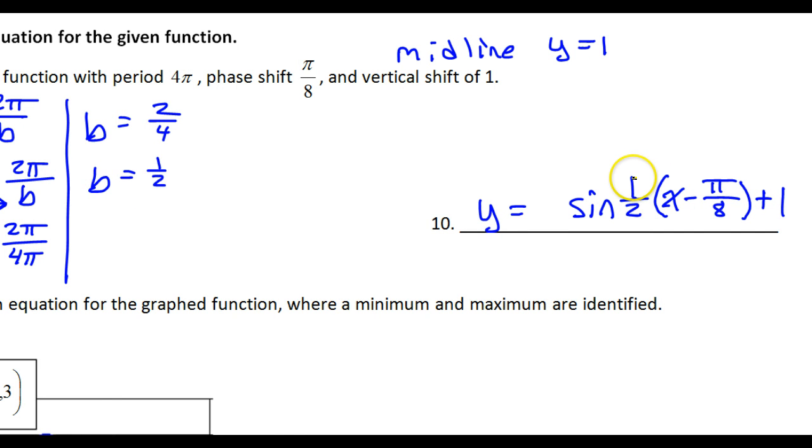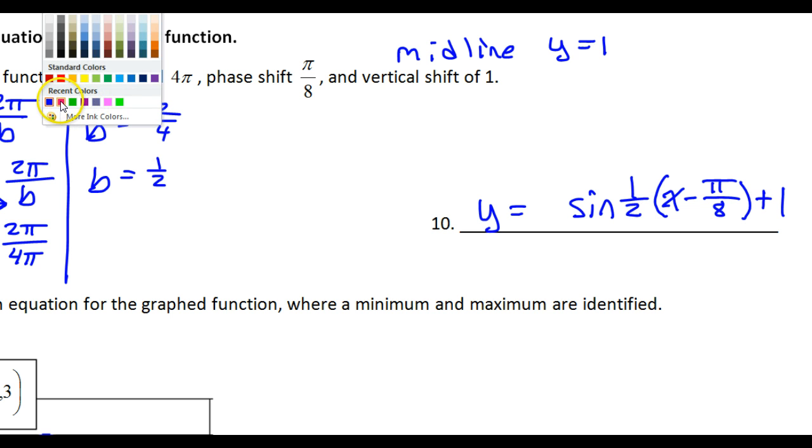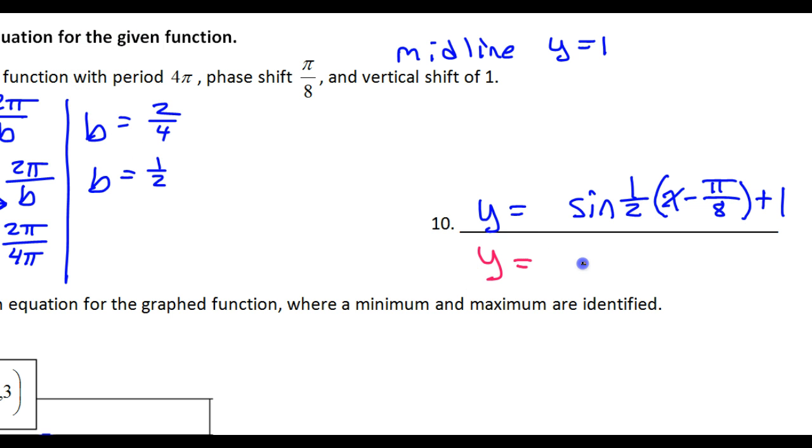Now some students want to do the distributive property with this 1/2 and get a different equation, and that's also valid. So if you chose to do that, I would have sine of 1/2 x minus, if I did the distributive property, 1/2 times pi over 8, that would make pi over 16, plus 1.